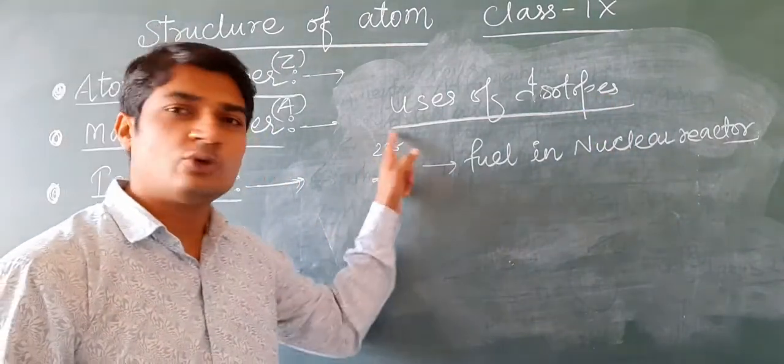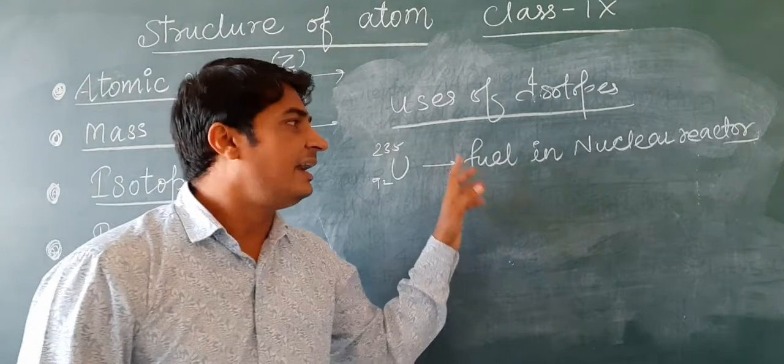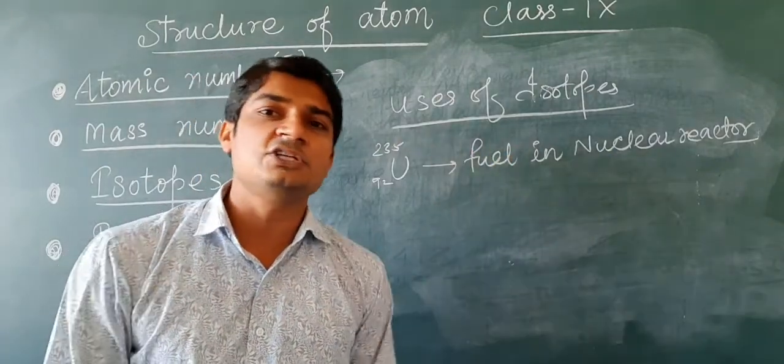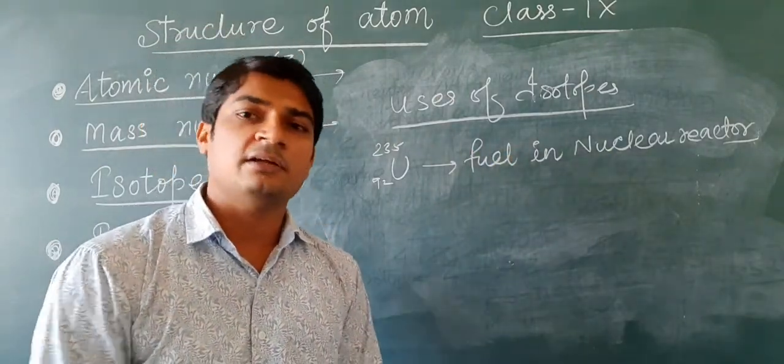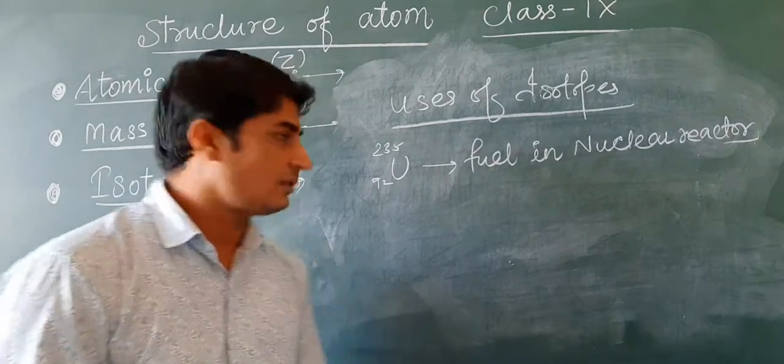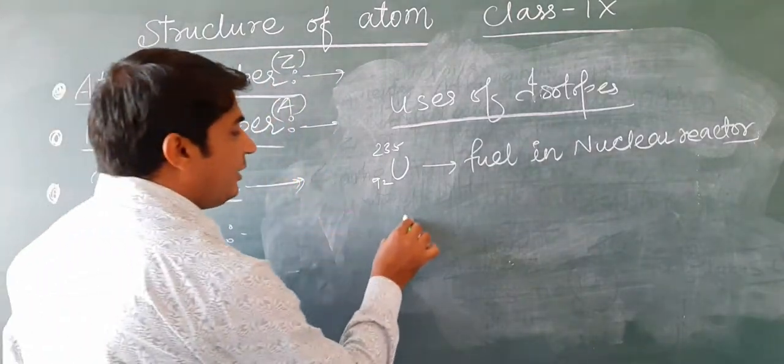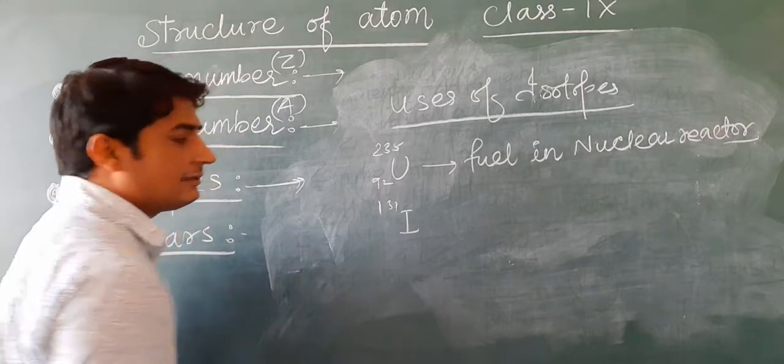By using this isotope, by nuclear fission, energy is produced, and that energy is utilized to produce electric energy. Next one is iodine 131.